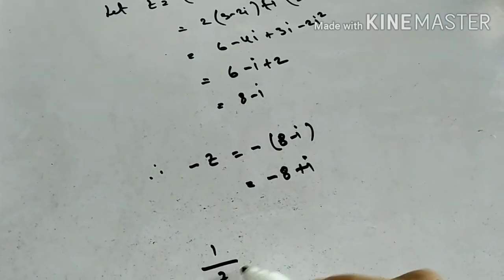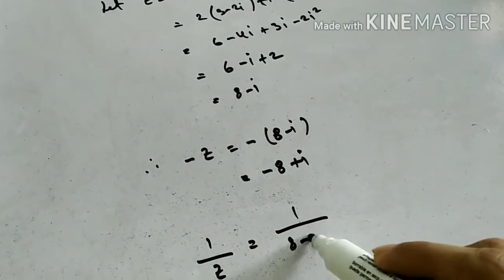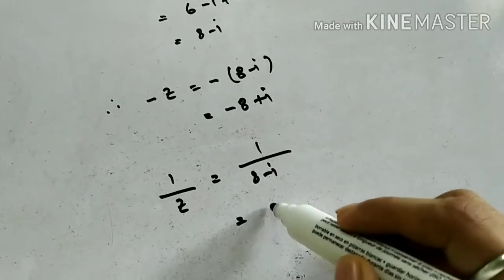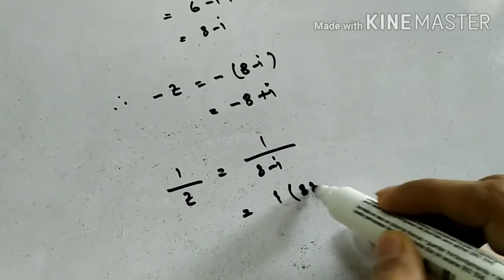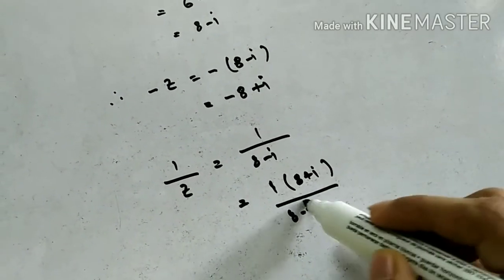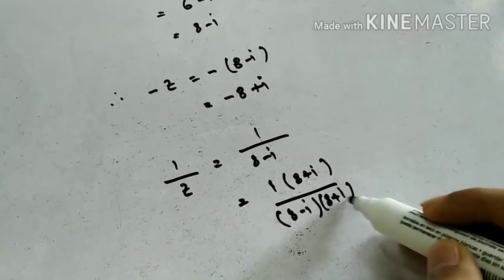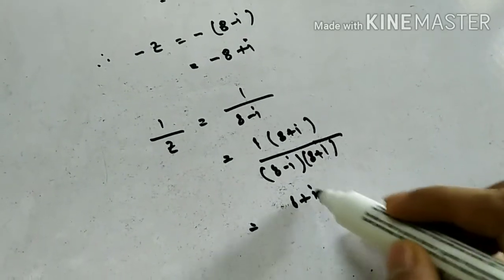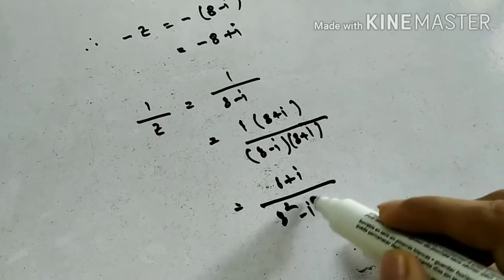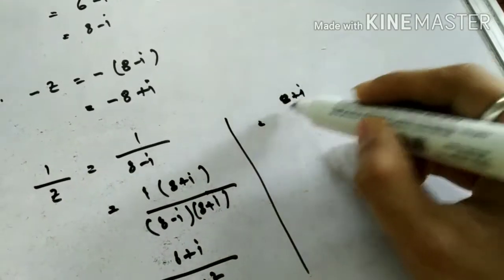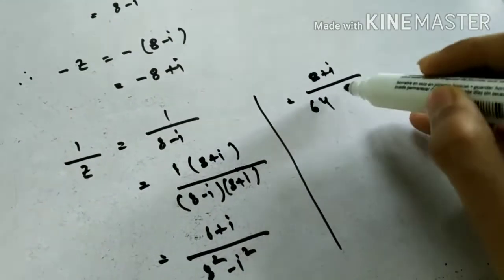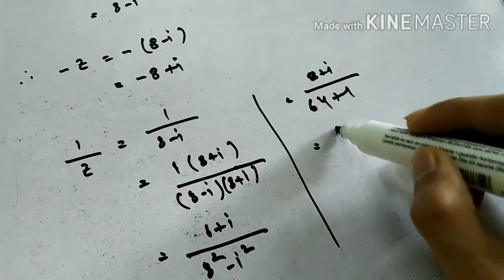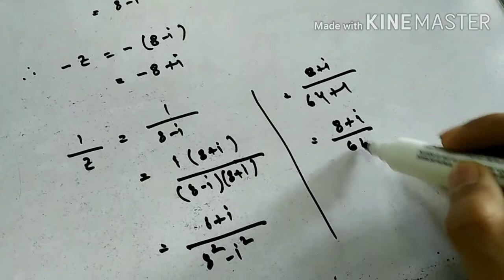And 1 by z equals 1 by 8 minus i, which is 1 into 8 plus i over 8 minus i into 8 plus i. So this becomes 8 plus i by 8 square minus i square, which is 64 plus 1, so 8 plus i by 65.